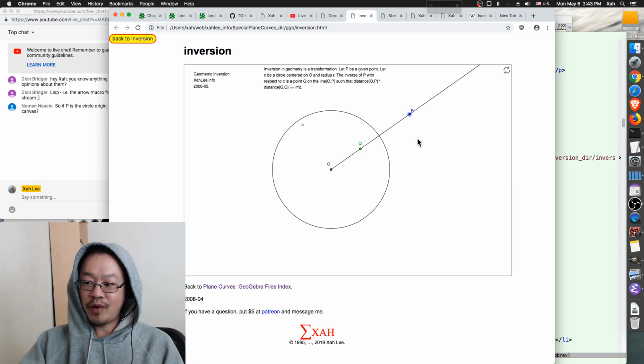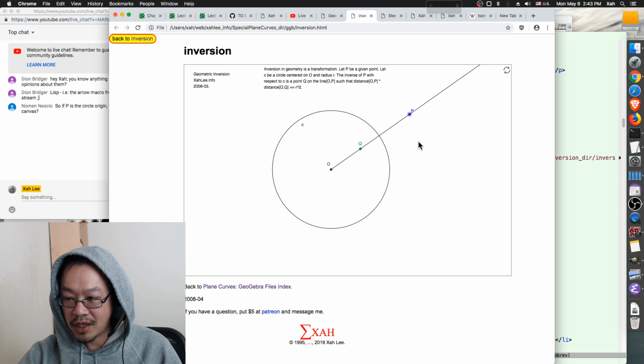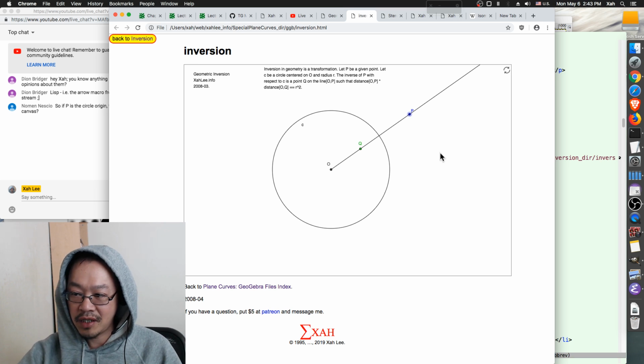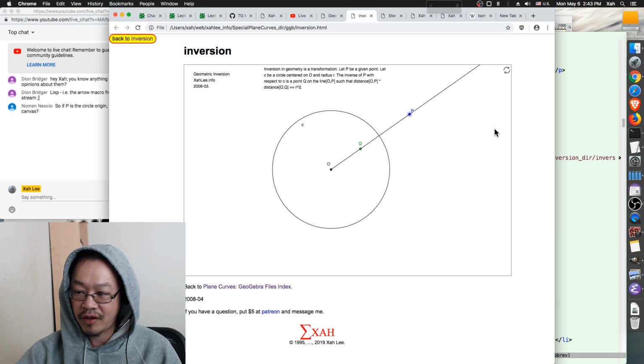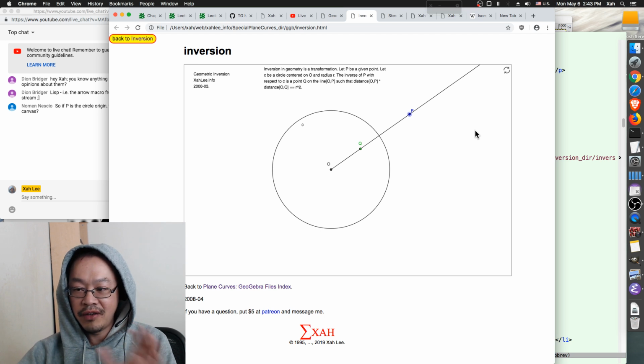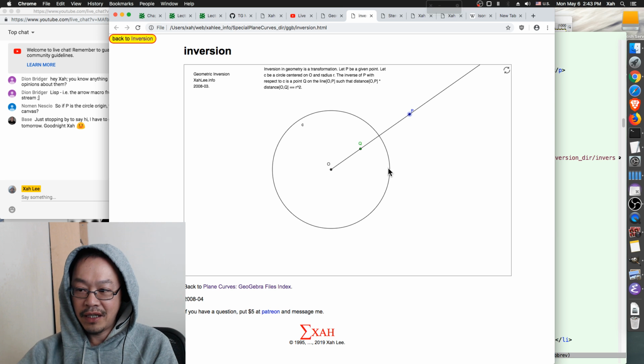In the same way, we can start to draw a circle here, or a square, or a photo of yourself. You can put a photo of yourself here, and you do the geometric inversion on the points of the photo, and it will be transformed into a weird shape inside of this circle.